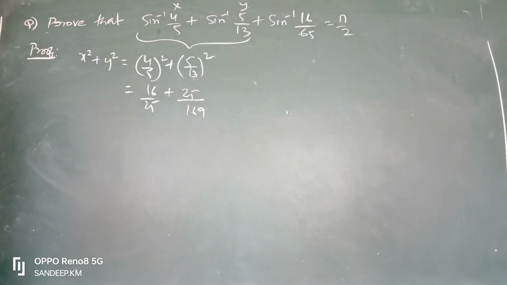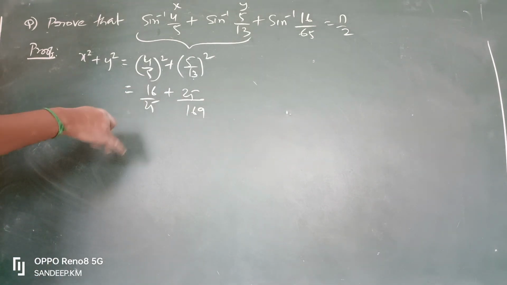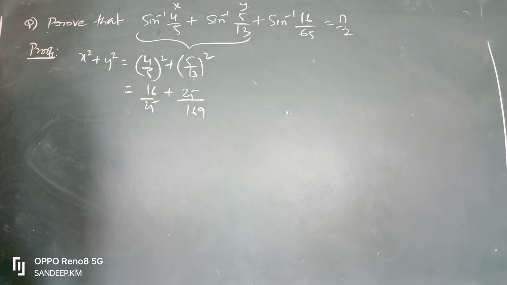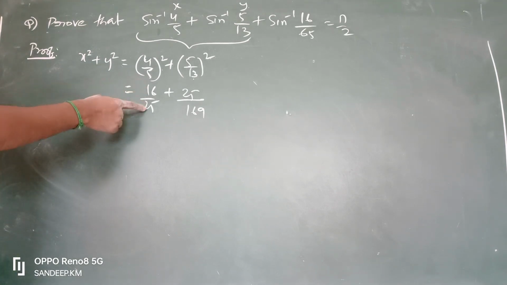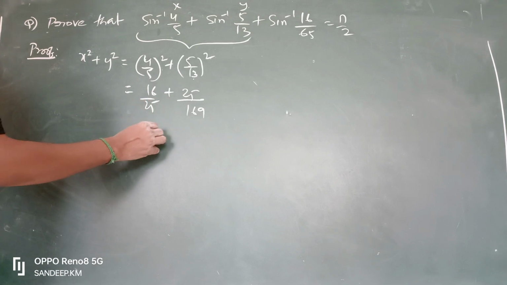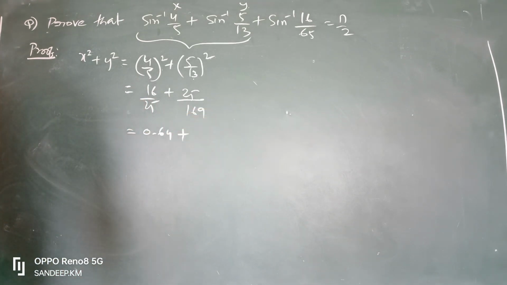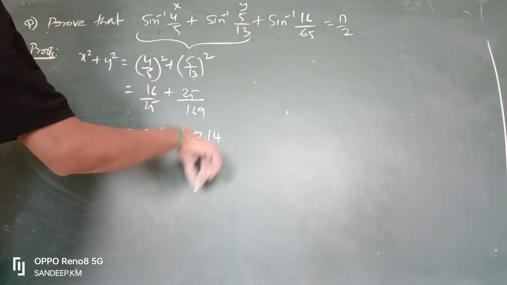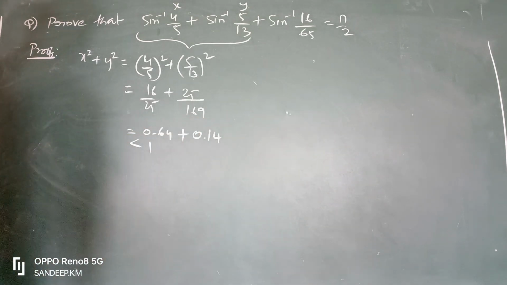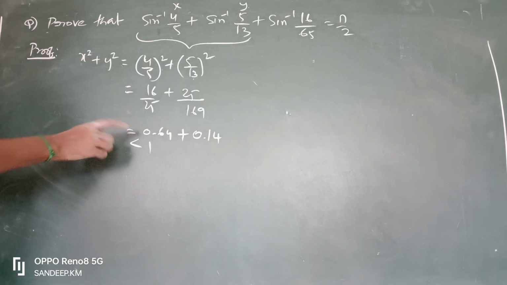Just check whether this value is less than 1 or greater than 1. 16 by 25 gives 0.64, and 25 by 169 gives about 0.14. Now clearly the value is less than 1. So x square plus y square is less than 1.